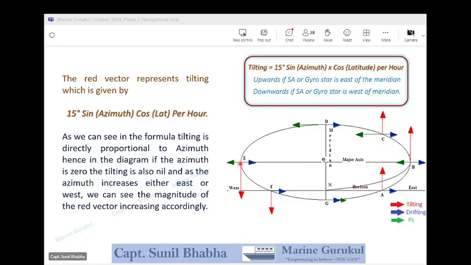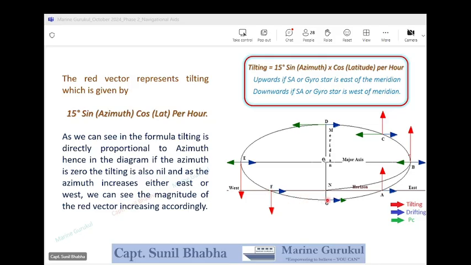From point Echo, the spin axis tries to go back towards the meridian. The azimuth is decreasing. Remember always, we are considering the quadrantal azimuth here. We are not considering the 3-figure notation azimuth. When we discuss gyro, the azimuth is always referenced in the quadrantal notation. So Echo to Foxtrot, the azimuth reduces, and you can see that the magnitude of the tilting vector also reduces.